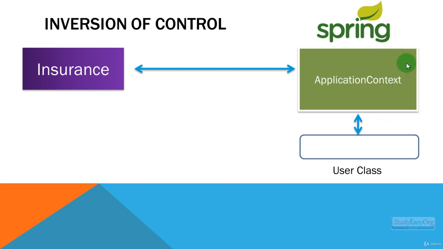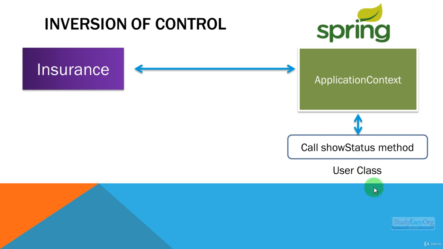Now, this application context, what will it do? Based on the configuration, it will create the object for us, and the object would be given to the class which is making use of this application context. Now, this object could definitely be used to call methods, right?